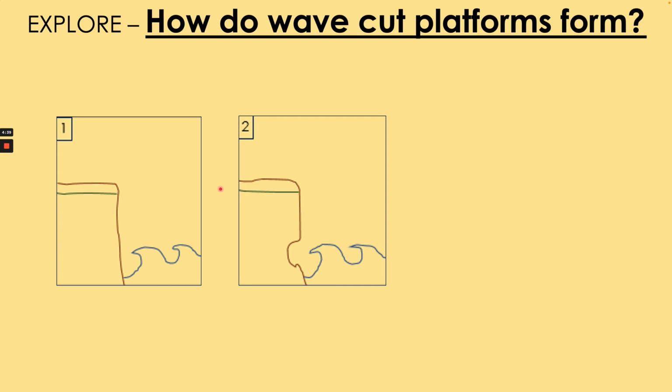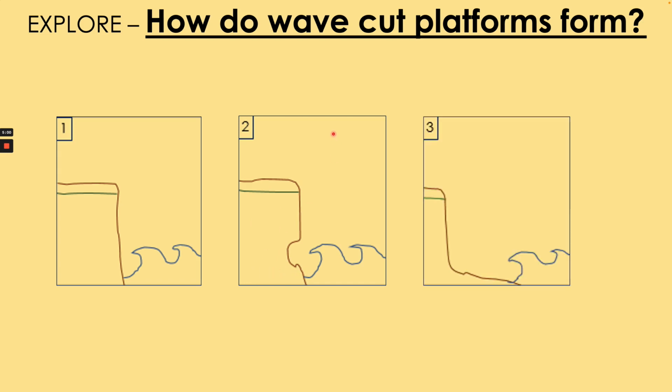Over time, the wave-cut notch deepens and the cliff above it becomes unsupported and so collapses. The waves eventually remove the deposited sediment and the process repeats. New wave-cut notch, new cliff collapse, and over time the cliff retreats backwards, but the base of the cliff remains, and so you end up with this. A wave-cut platform, almost flat surface, and a cliff that has retreated.